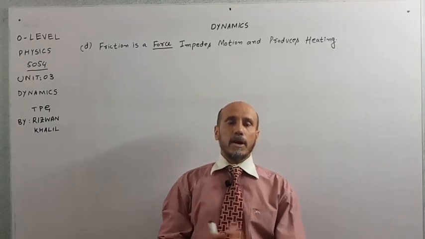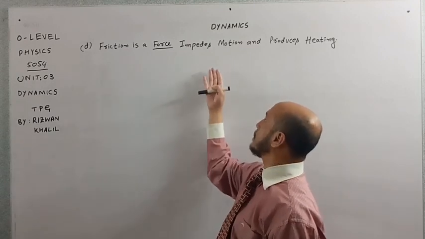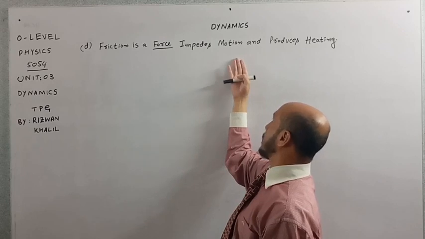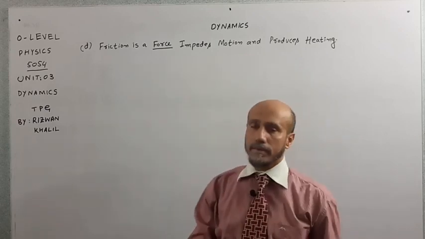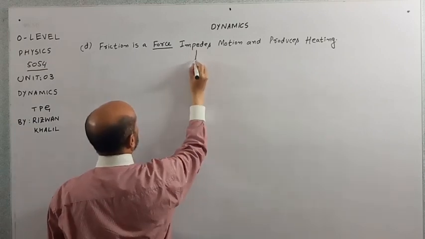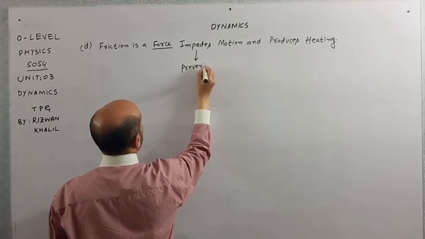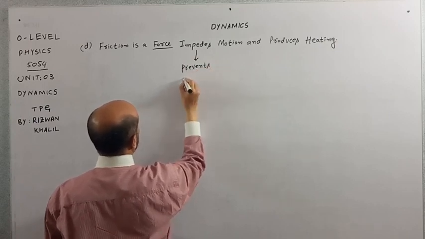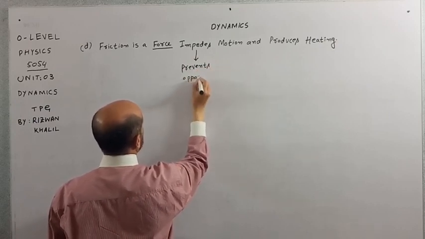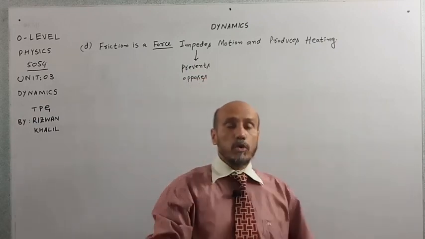The next learning outcome of this unit is: friction is a force which impedes motion and produces heating. Impedes means prevents, or in simple words, opposes. So how can we prove that friction is a force?